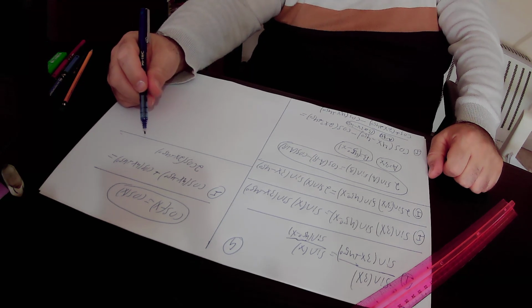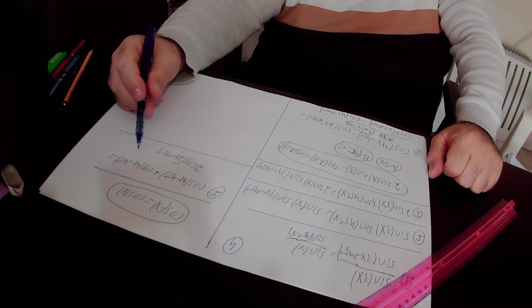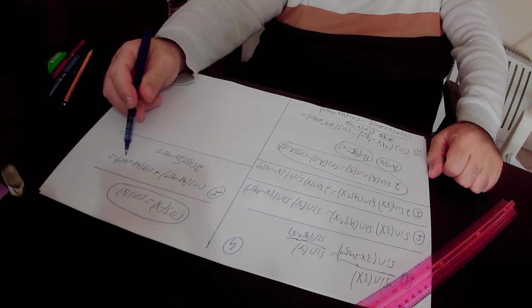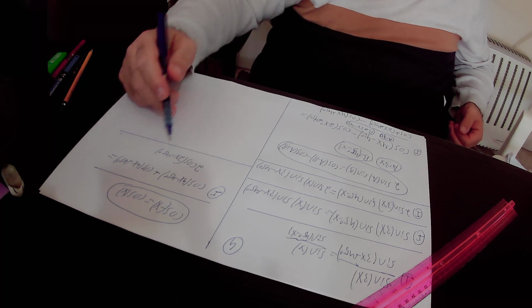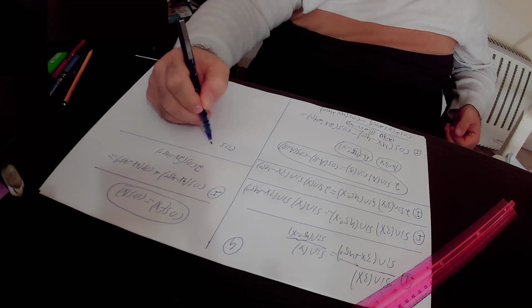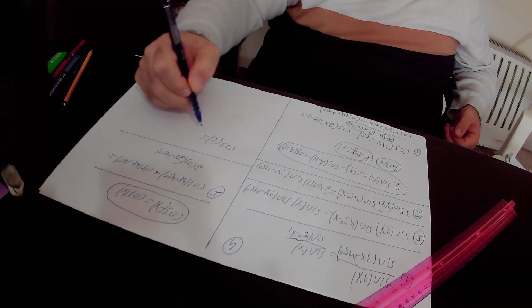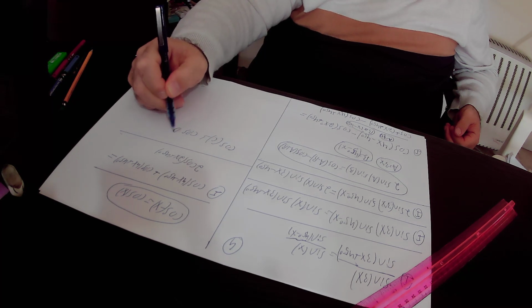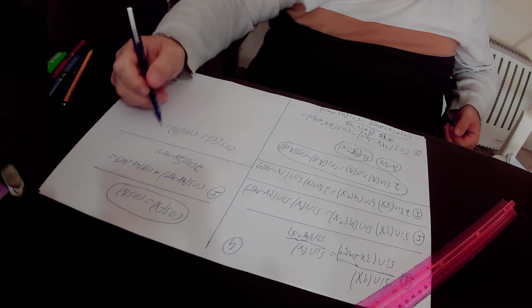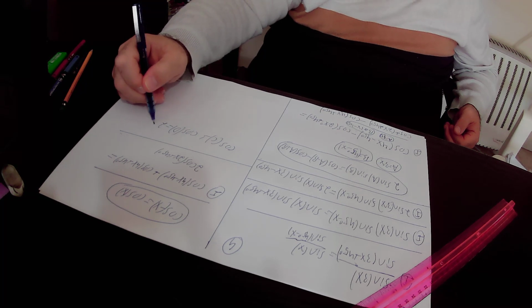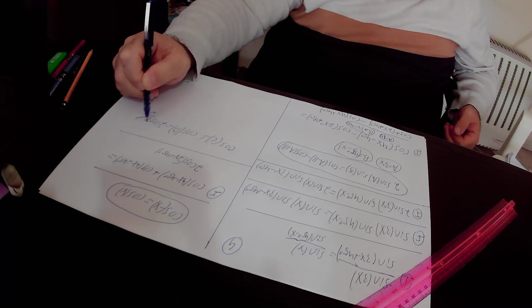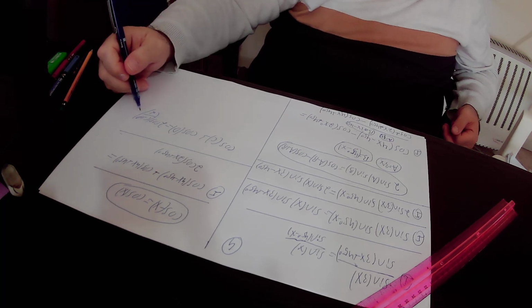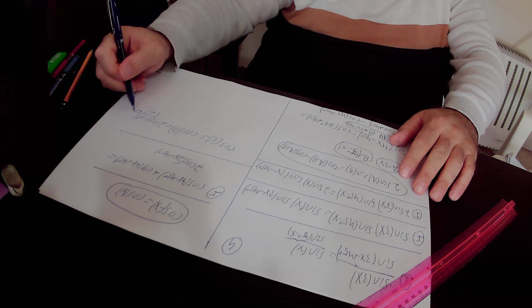So actually cosine 4x minus 45 degrees plus cosine 4x plus 45 degrees is similar to the trigonometric identity that states that cosine C plus cosine D equals 2 cosine C plus D over 2 times cosine C minus D over 2.